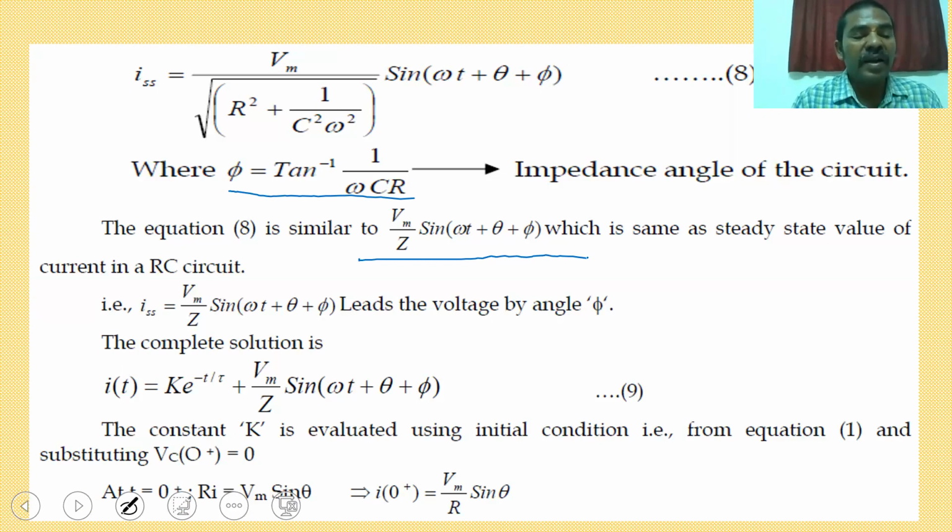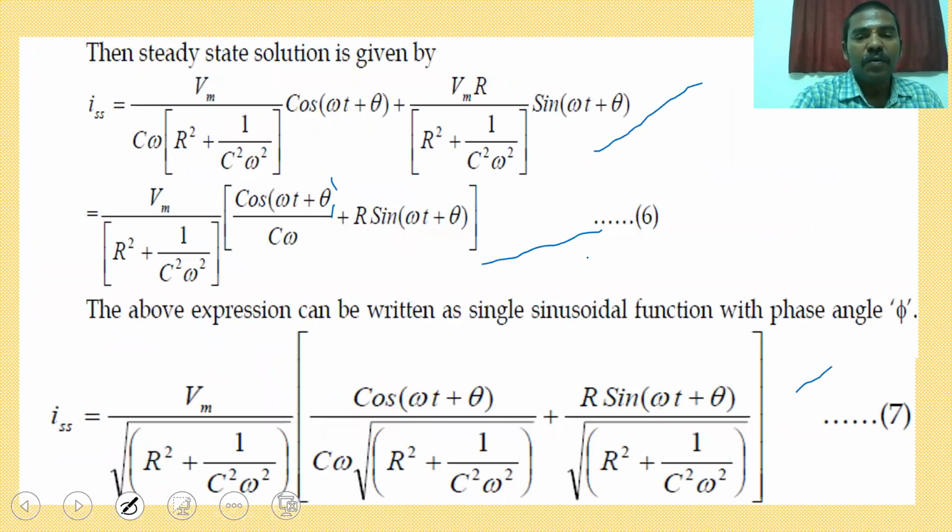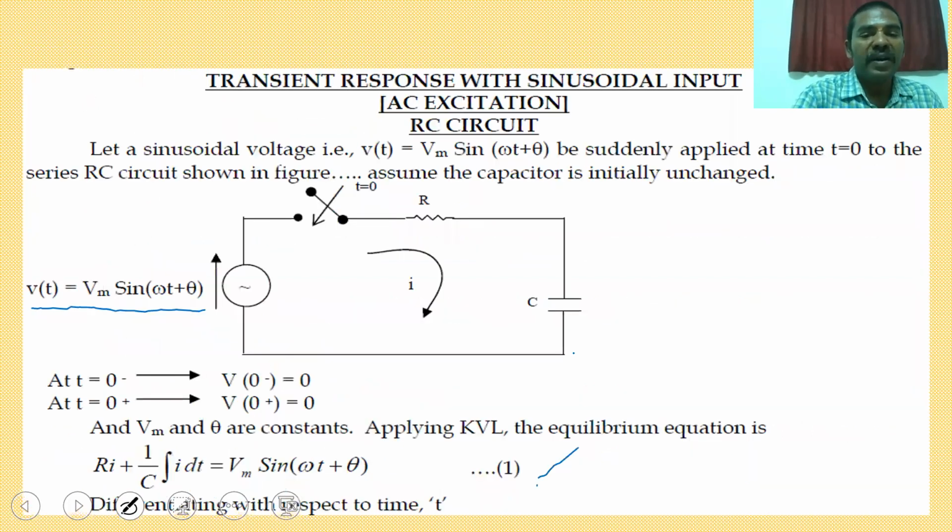At t is equal to 0 plus, the voltage drop across the capacitor is 0, which means it is short circuited, so only resistance is present in the circuit. So what is the current you can get? I is equal to V of t by R.